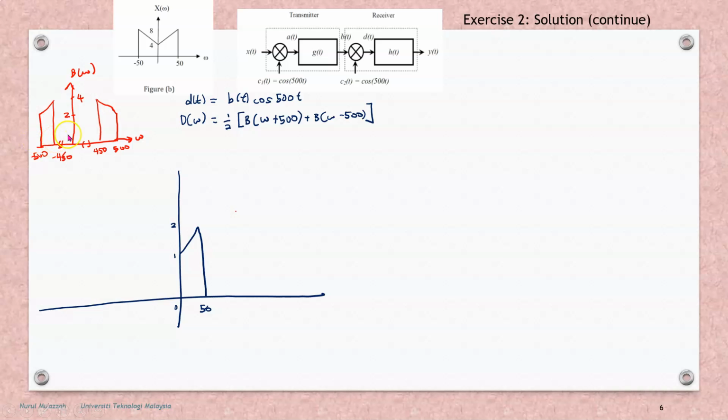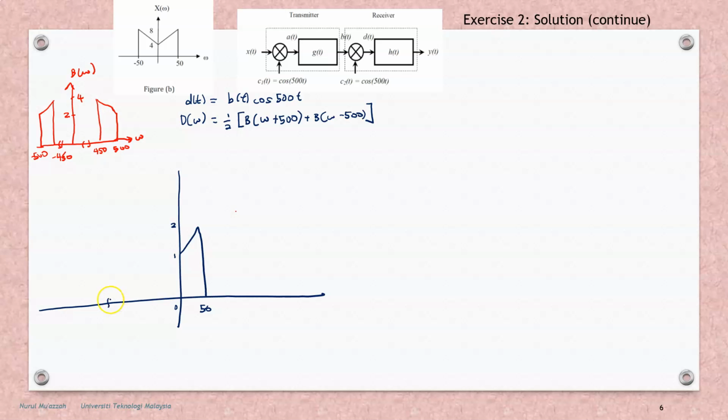Right. So the second one, this signal also, but the signal is shifted 500 to the left, because this is plus 500. So 500 to the left, it goes further to the negative side. So negative 500 plus negative 500, it will become 1000.